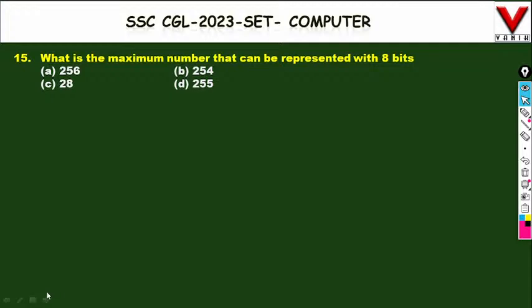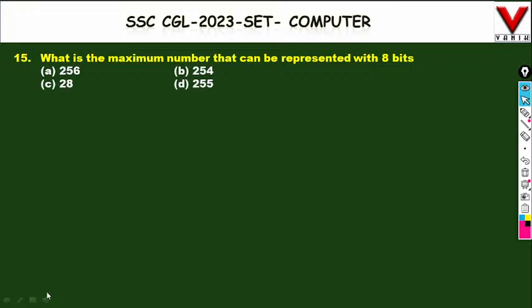8 bits means whenever a bit pattern appears, like 7 bits, 8 bits, 6 bits, 5 bits, you always apply 2 to the power. So 2 to the power 8 is 256, ranging from 0 to 255. What is the maximum number that can be represented with 8 bits?